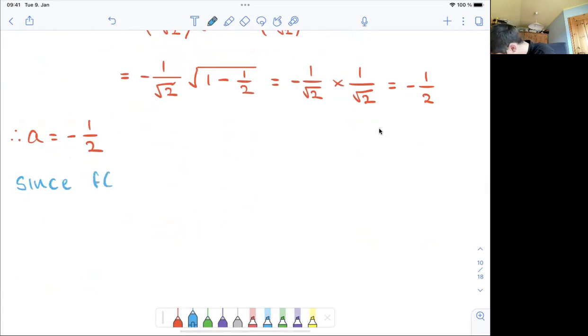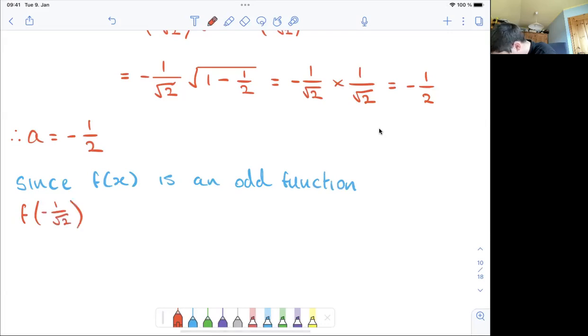And so we could say, since f is an odd function, then f of negative 1 over the square root of 2 will equal the negative of f of 1 over the square root of 2. All right.